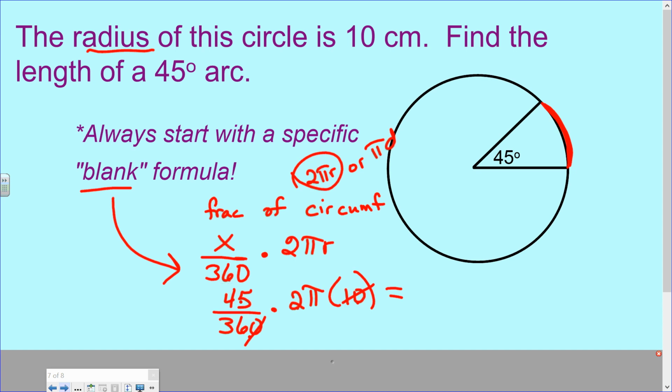So let's see, 90 over 36 times pi, and what will that reduce to? 5 pi over 2? Yeah, so that'll reduce to 5/2 pi or 2.5 pi.